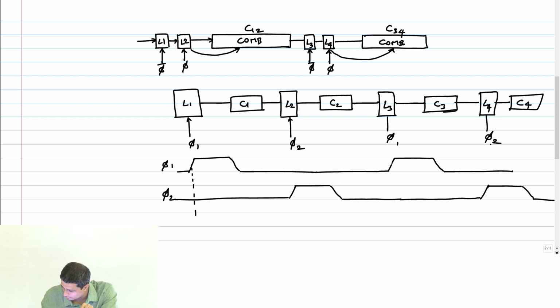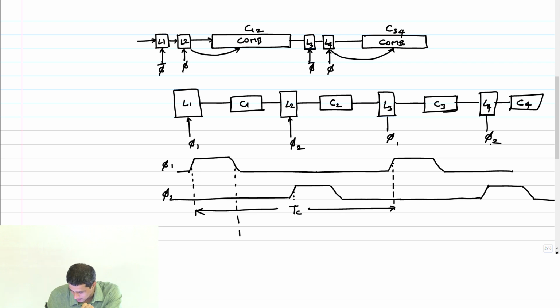It's basically from the rising edge of phi 1 to the next rising edge of phi 1. This is Tc. And this period is basically the T non-overlap. Obviously, because the clocks are not overlapping there.